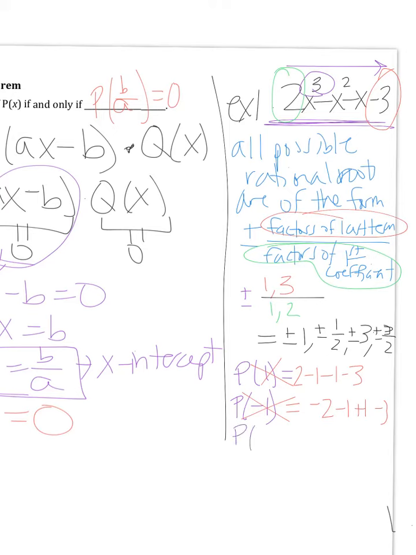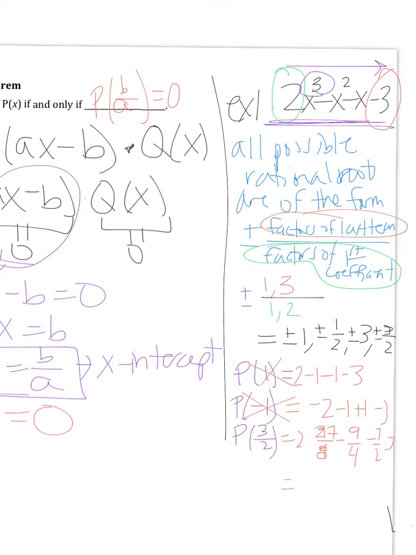I'm going to skip to 3 over 2 because I happen to know that's the one that works. So if I plug that one in, I get 2 times 27 over 8, sorry, I did that wrong, you have to cube it, minus 9 over 4 minus 3 over 2 minus 3.